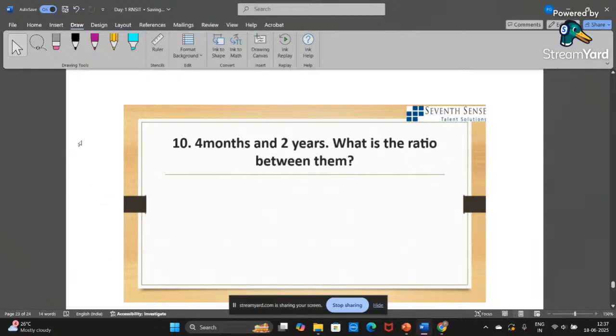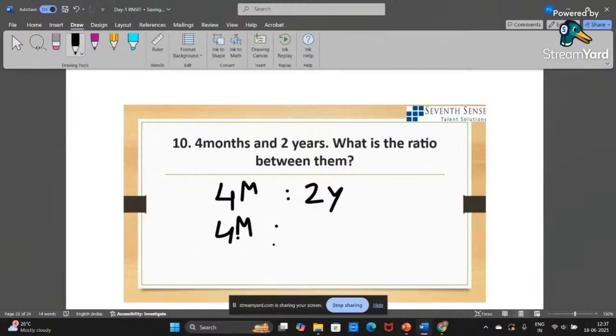Now we need to find the ratio between 4 months and 2 years. This 2 years, you have to write it in months. 4 months is to 2 years, which means 24 months.